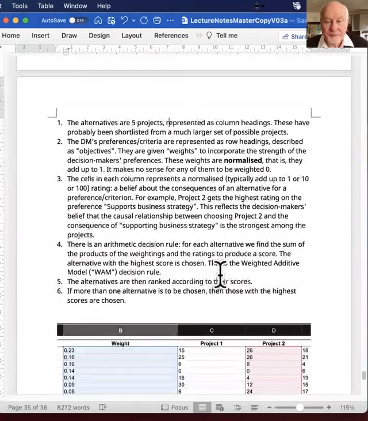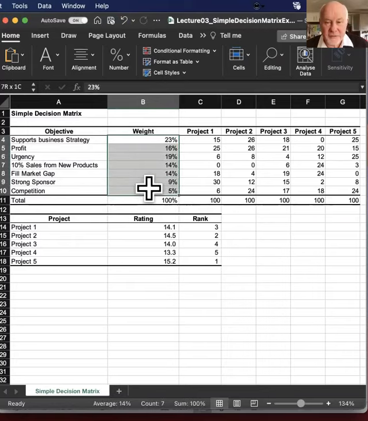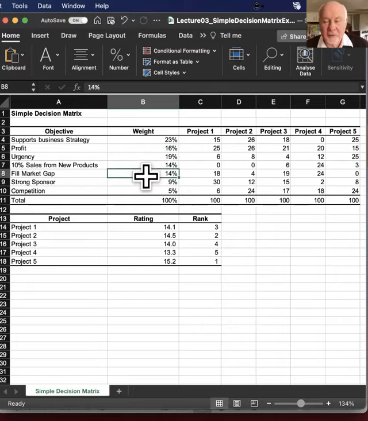Okay. One other thing about these objectives. These percentages, of course, have to add up to 100, but it's also worth remembering that if you find yourself deciding that some objective deserves a weighting of 0, then that's pretty pointless, because that means you have no preference for that objective.